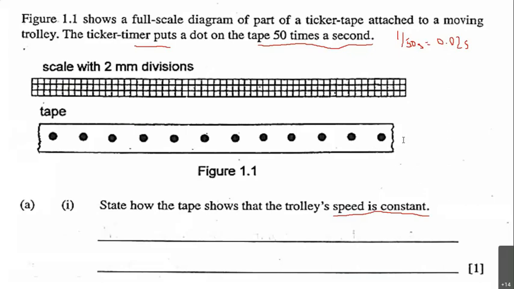Very good. The dots are the same distance apart or equal distances apart. I would use the word length. We're talking about this distance between dots. So dots equally spaced.